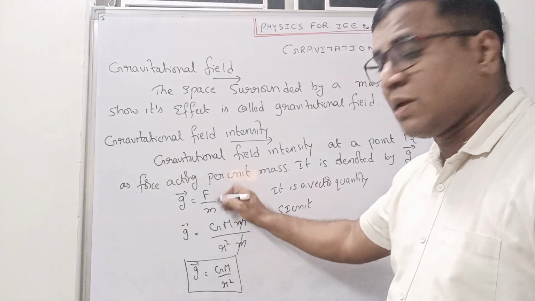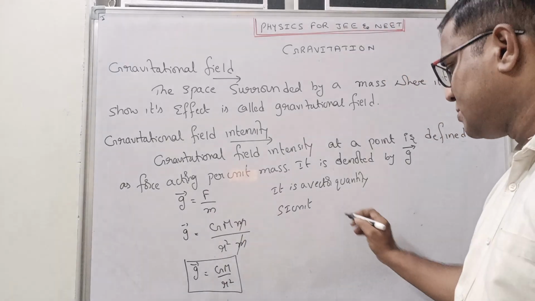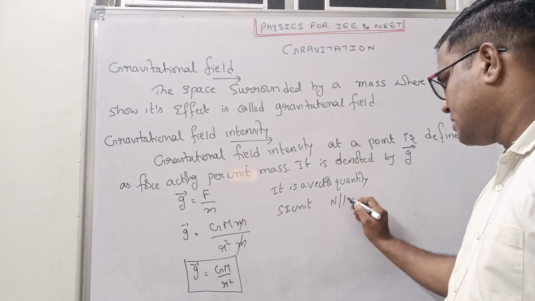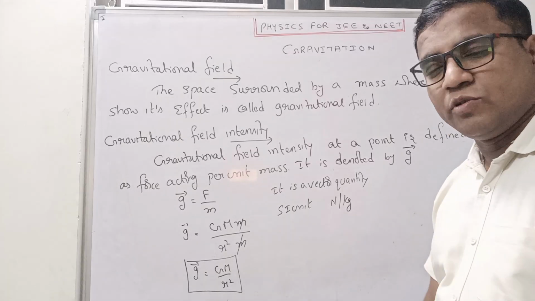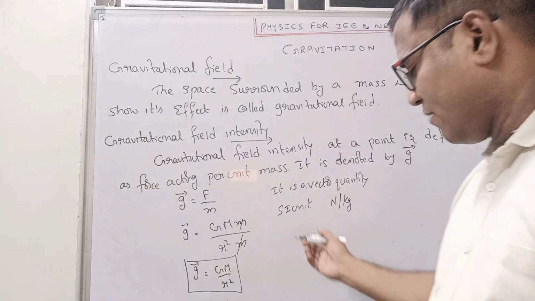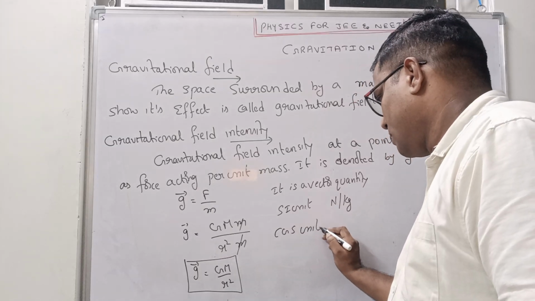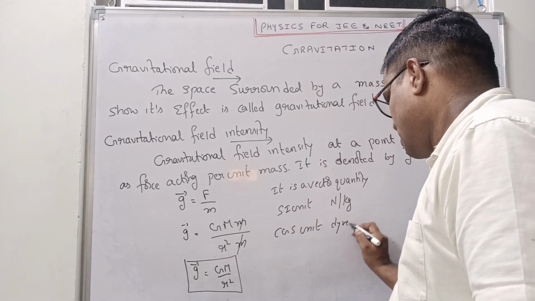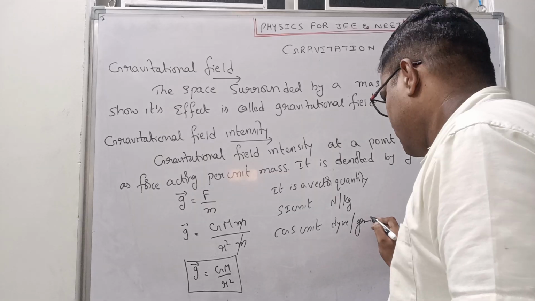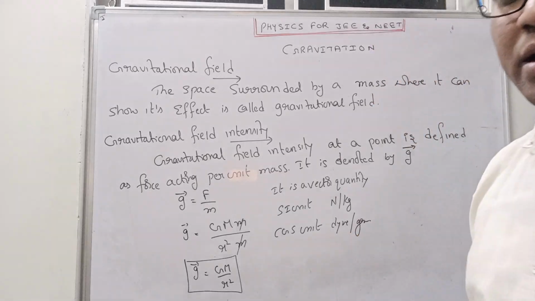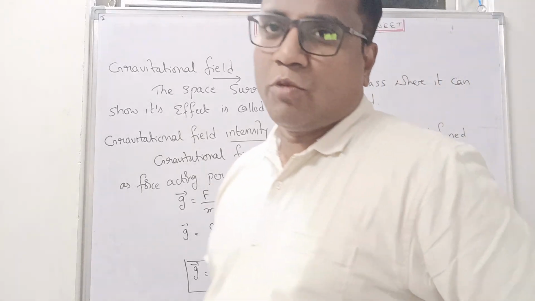Force upon mass, which means Newton per kg. Newton per kg, right? And if you want CGS units, you can write the CGS unit as dyne per gram. Clear? I hope you understood, right?